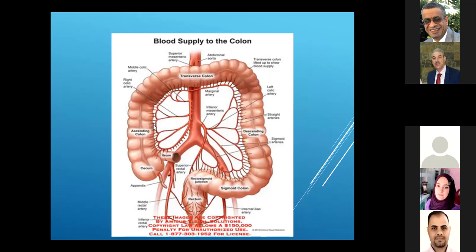The blood supply of the large bowel is by end arteries, which may be deficient in the area of connection between the midgut and the hindgut parts, which is the splenic flexure. So it is vulnerable to bowel ischemia.